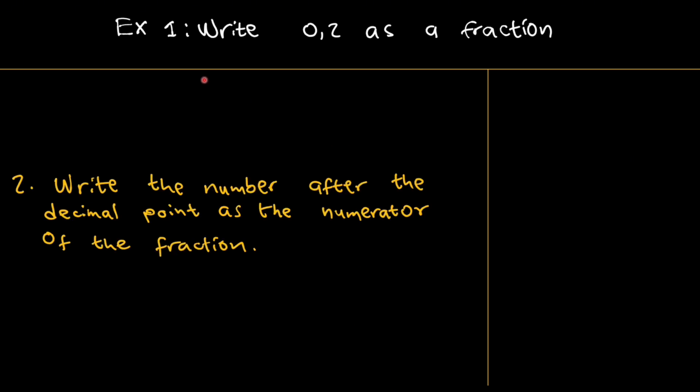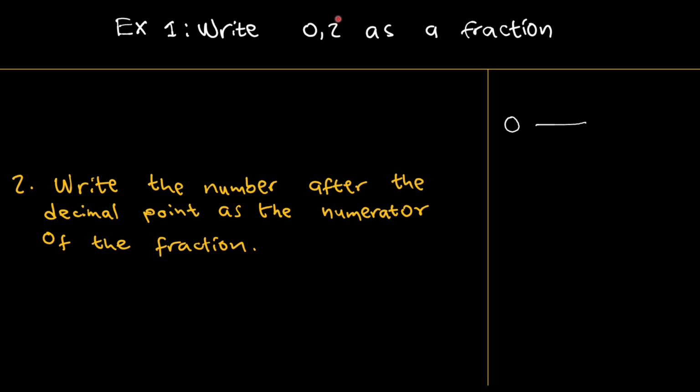From the previous slide, we managed to establish that we have a 0 in front of a fraction. Now in this slide, we need to write the number after the decimal point as the numerator of the fraction.